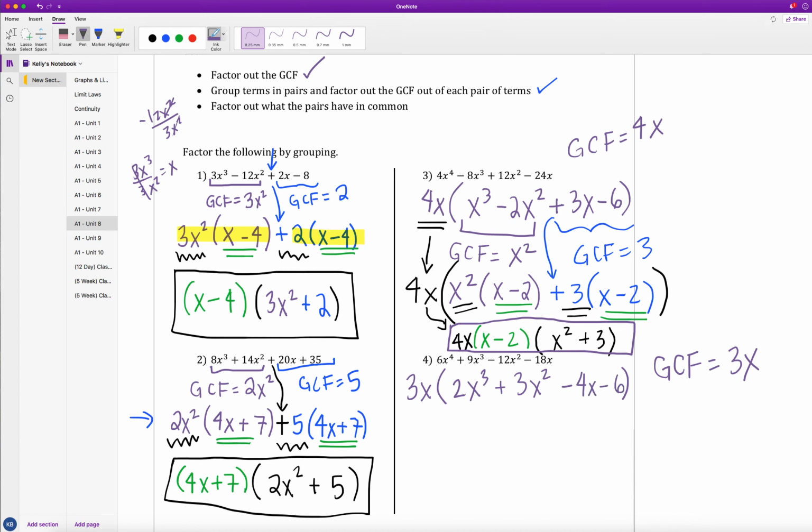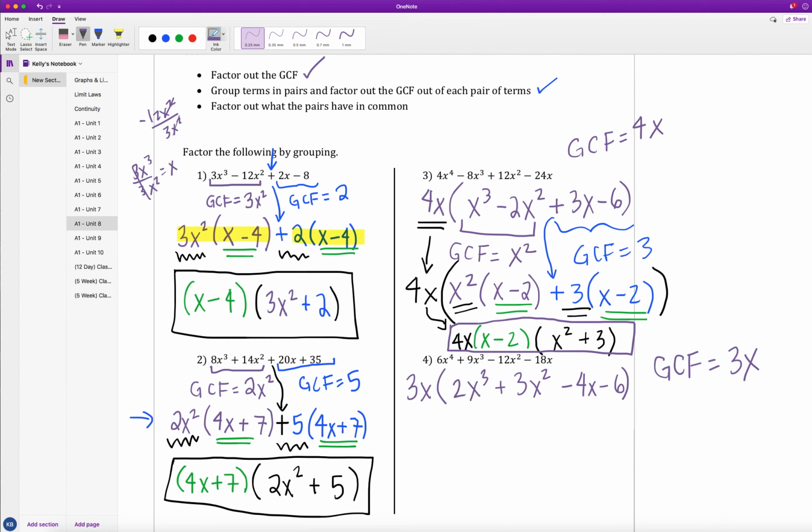So 6x to the fourth divided by 3x gives us the 2x to the third. 9x to the third divided by 3x gives us a 3x squared. Negative 12x squared divided by 3x leaves us still with a negative, but now a negative 4x. Then negative 18x divided by 3x will leave us with just a negative 6.